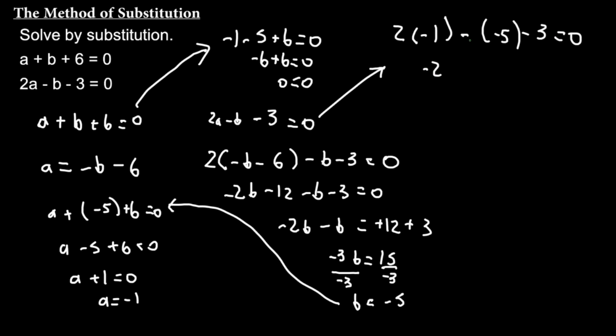Minus negative 5 gives us positive 5. And negative 3 stays the same, equals 0. Negative 2 plus 5 gives us positive 3 minus 3 equals 0. Positive 3, negative 3 gives us 0 equals 0. Therefore, a equals negative 1, b equals negative 5.